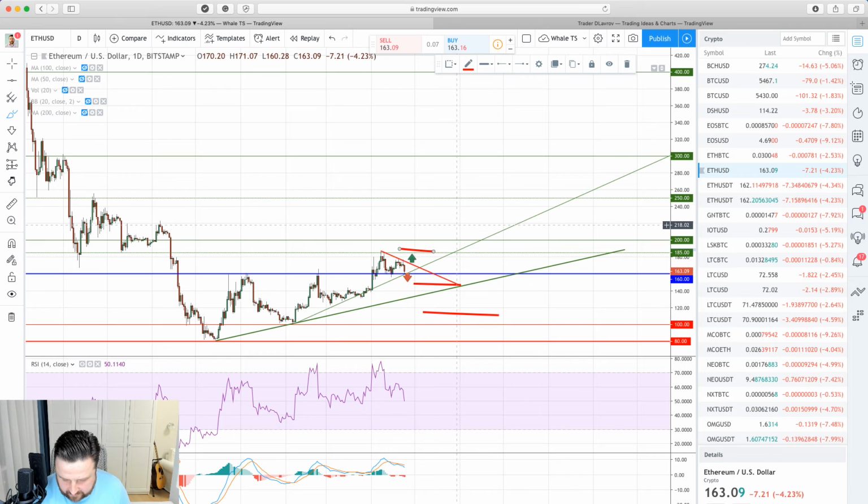So the next question: if Bitcoin goes down, a correction, will altcoins go up? It's a good question because we know how other crypto coins are correlated with Bitcoin. When Bitcoin falls, everything falls too. I saw maybe several times when Bitcoin fell and altcoins just moved sideways.